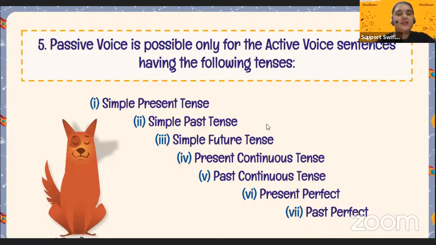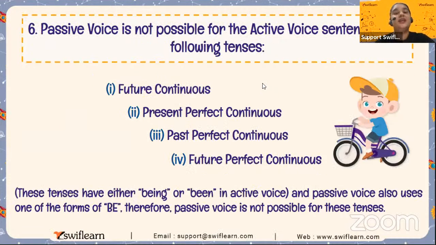Okay. So let's move to next slide now. So here, passive voice is not possible for the active voice sentences with the following tenses. If there is future continuous tense, present perfect continuous tense, past perfect continuous tense, or future perfect continuous tense, then passive voice is not possible.